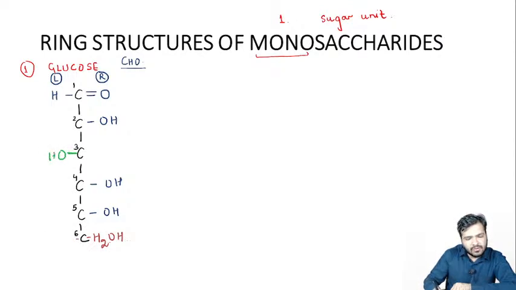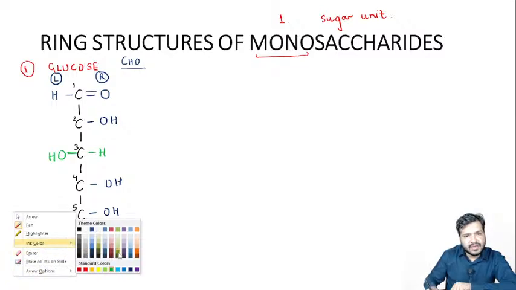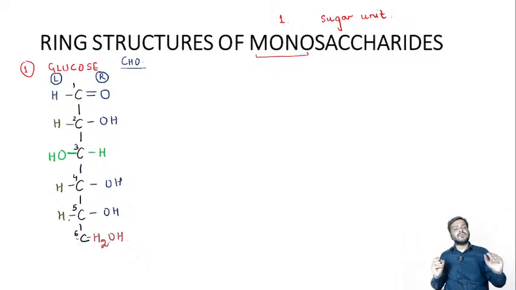Now at the third carbon, the OH group will be present over here, and the hydrogen will be present on the right side. At all other places, the hydrogen will be on the left hand side.